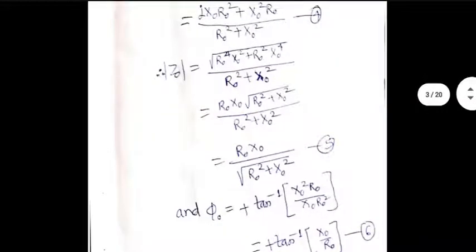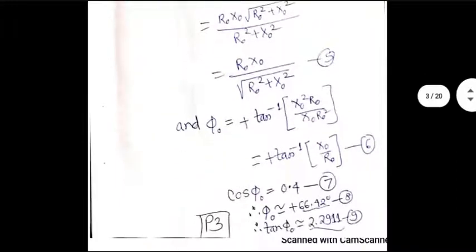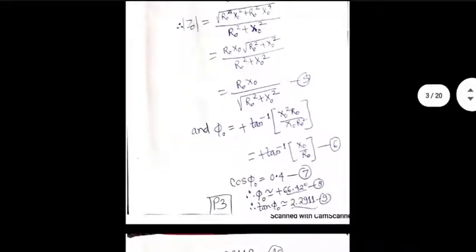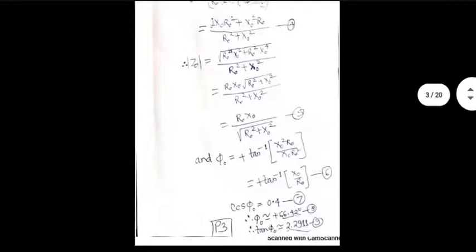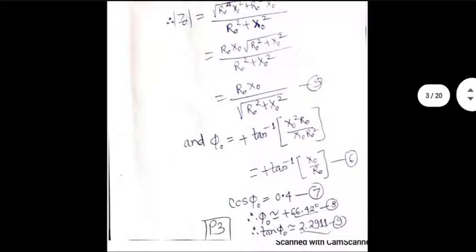And the phase angle of Z0 is given by this equation. We have been given cos phi naught equal to 0.4. Right. So cos of tan inverse of X0 upon R0 equal to 0.4. Or if you want, you can calculate tan phi naught and use equation 6 from there. So you get one equation.